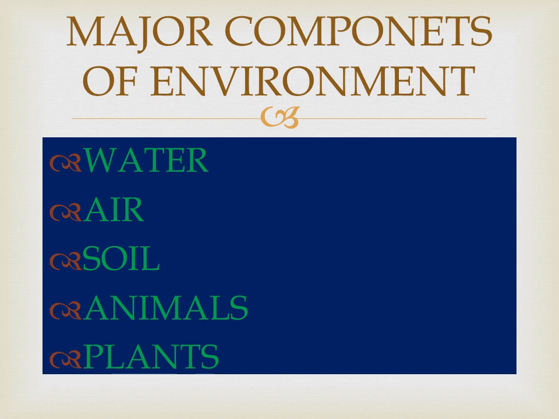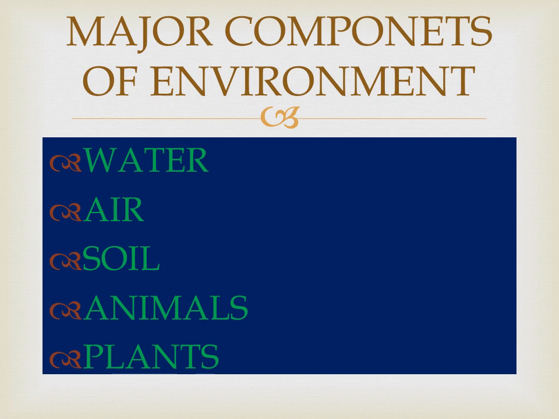Water in the environment is available in three forms. Candidates, the three forms are dew, vapor, also known as steam, and then three, we have snow, also known as ice.